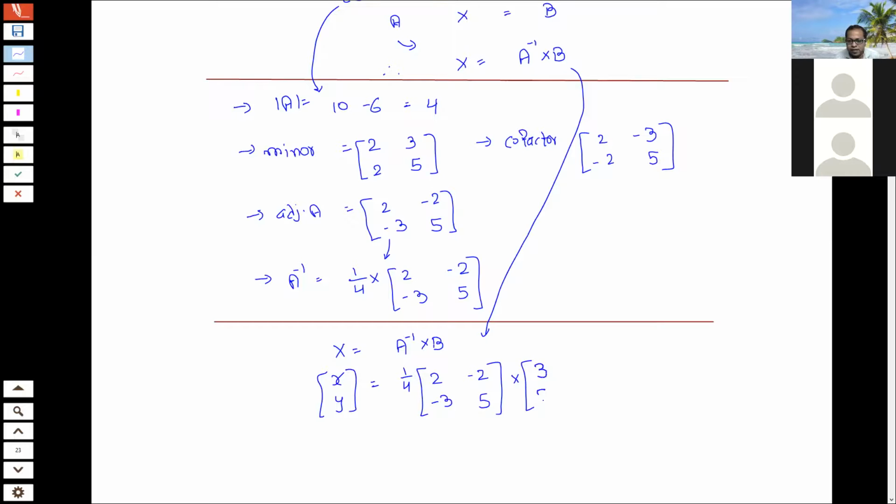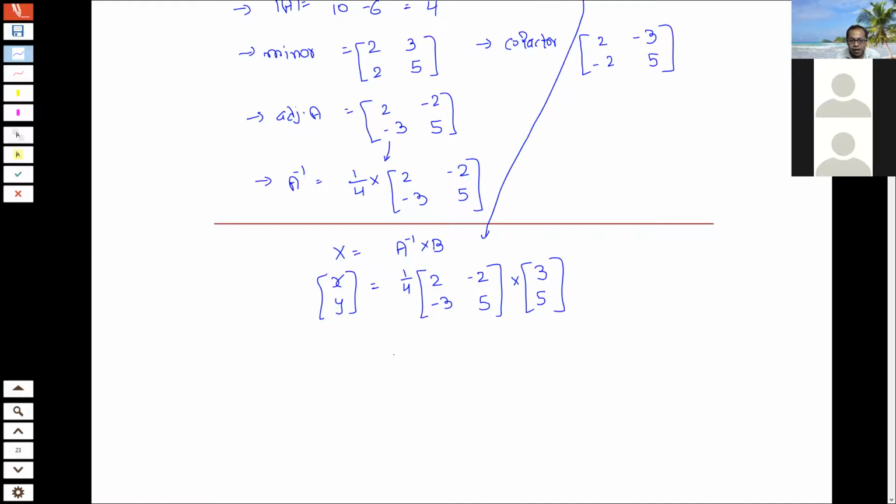Now I need to multiply on the right hand side. 1 by 4 you can keep as it is. So here 2 and minus 2, so 2 something, minus 2 something, minus 3 something, 5 something, with 3 5 row wise, 3 5 3 5.